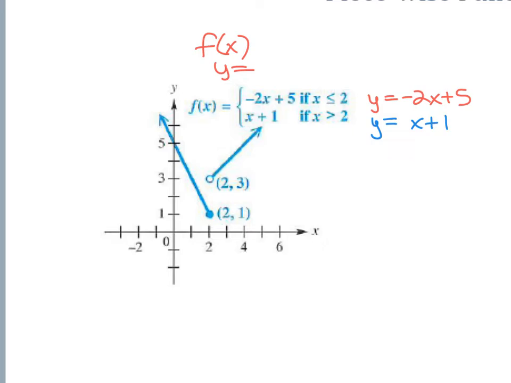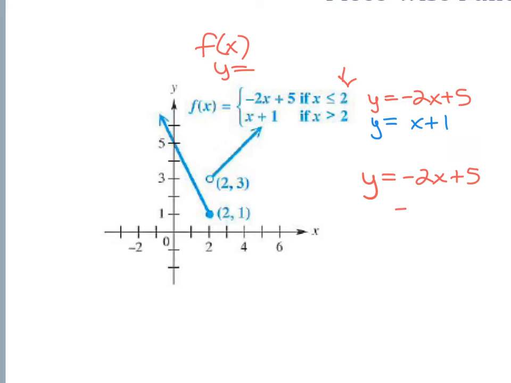Now, I only use the red one when my values of x that I plug in are 2 or less than 2. So let's go ahead and plug them in, and let's see if we can create some ordered pairs. So if I use the red one first, and I take this equation, the first thing I'm always going to try to plug in is what is my restriction here. So it's 2.